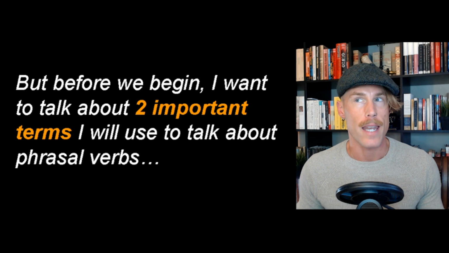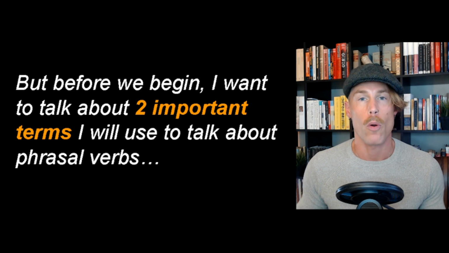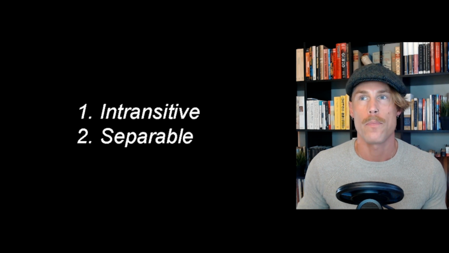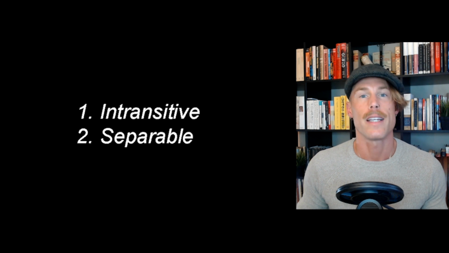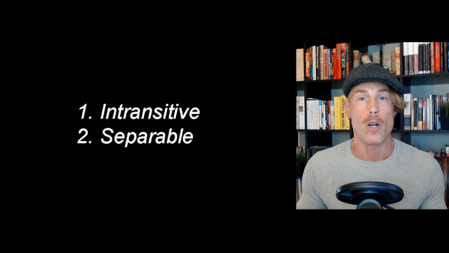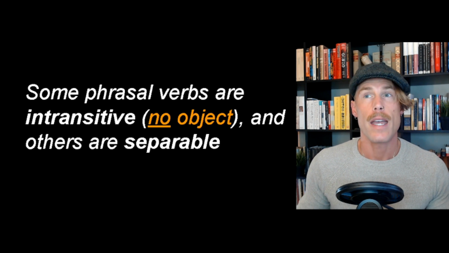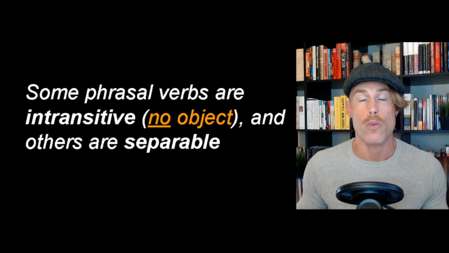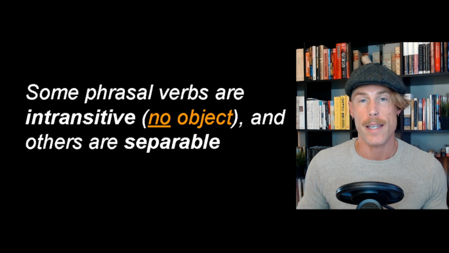But before we begin, I want to talk about two important terms, two important words I will use to talk about phrasal verbs with turn in this video. The first term is intransitive. The second one is separable, okay? Some phrasal verbs are intransitive. This means no object. They do not take an object. And others are separable.